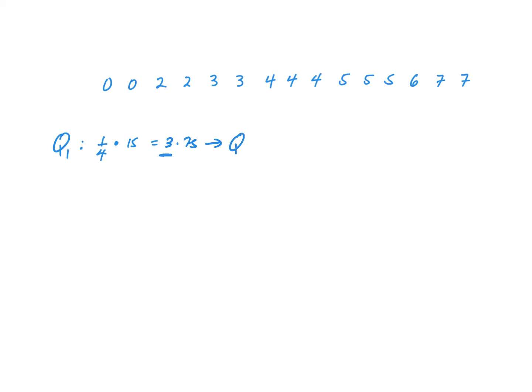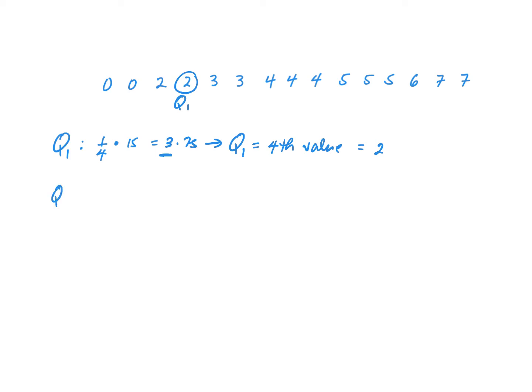So Q sub 1 is the 4th term, or the 4th value. In this case, it's 1, 2, 3, 4. This is the first quartile.